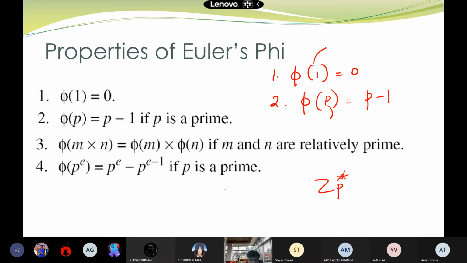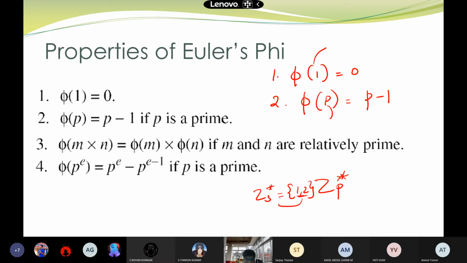Very simple here. Say for example, you have 3 as a prime number, right? So if you want to find Z3 star, the integers which are relatively prime to 3 and smaller than 3, what is going to be the set that you have? It is going to be 1 and 2.